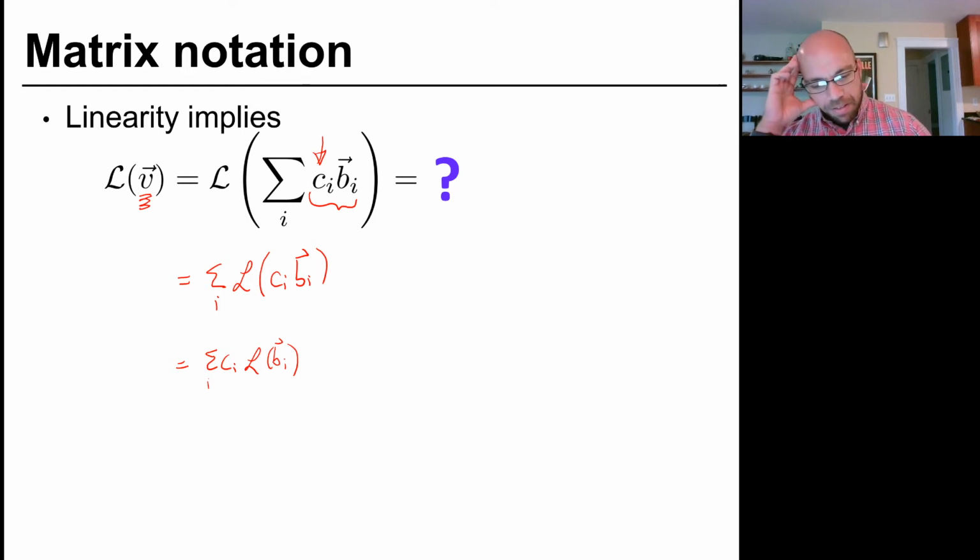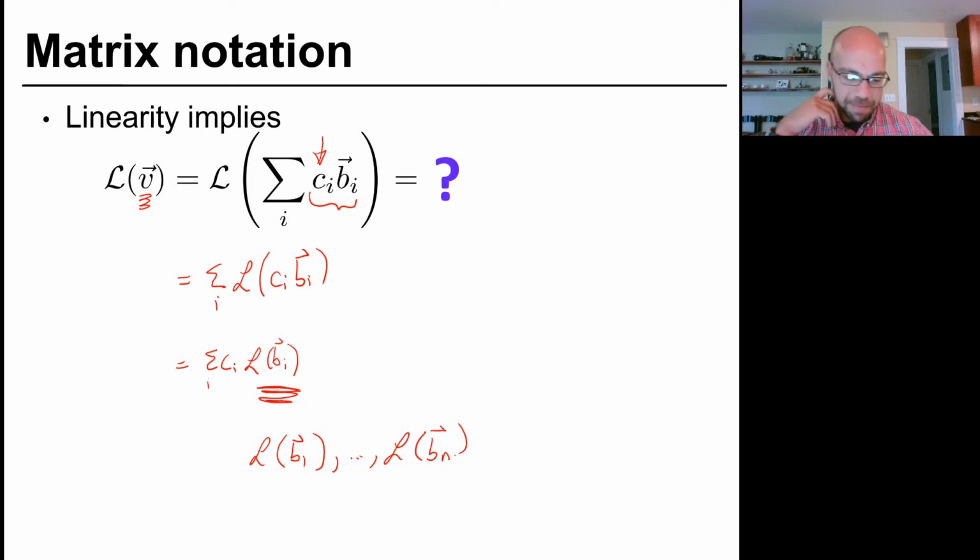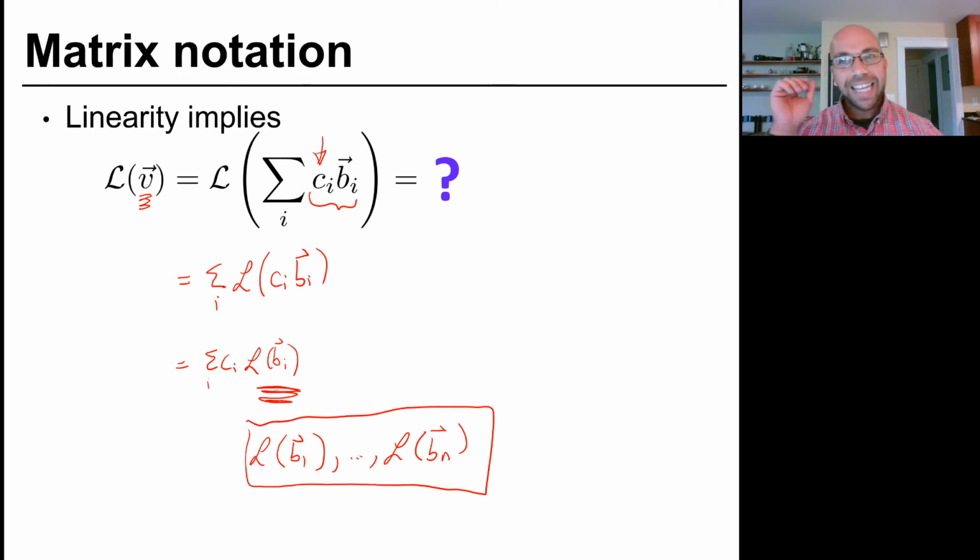But in order to specify my linear map, this expression is telling me that the only thing I really need to know is actually a finite set of vectors. I need to know L of B1 to L of, I don't know, Bn, if n is the dimension of my space. And if I give you just this set of vectors, this completely determines the action of L.